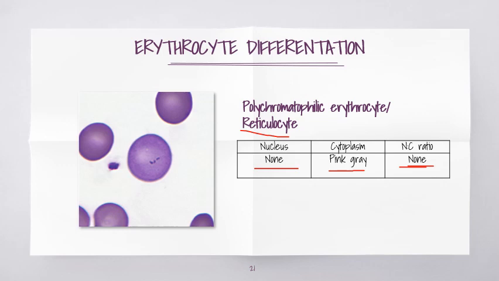So it's a good parameter that should be ordered when evaluating or assessing bone marrow compensation of the blood in response to anemia. Okay, I will discuss that later on. So that's the importance of reticulocyte. And during disease states, we will see more of this circulating in the body.